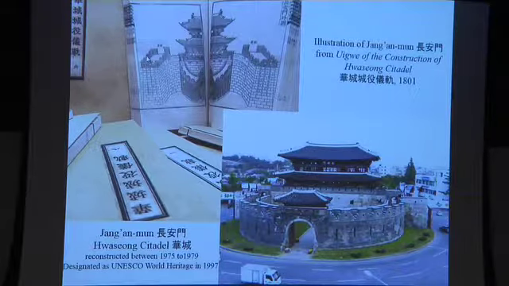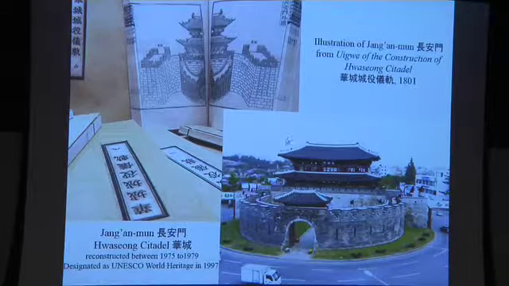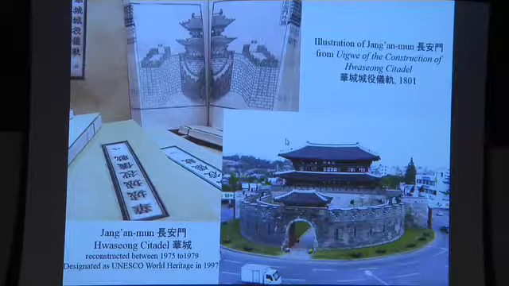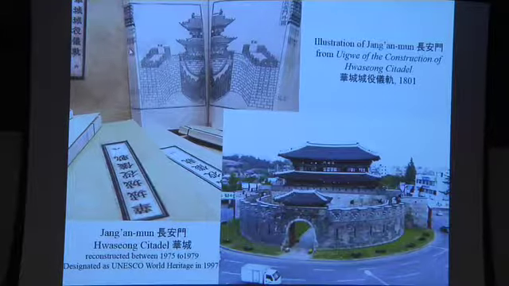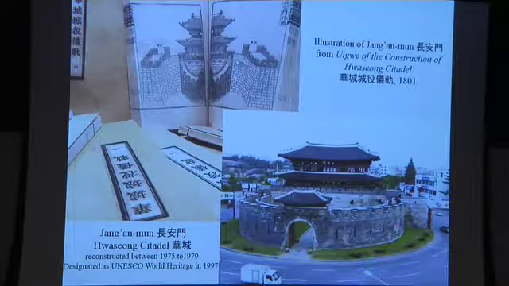And when the UNESCO people came to evaluate the Hwaseong citadel, they were surprised by the beauty of this citadel, but they were more surprised by the fact that this kind of Uigwe recording all aspects of the citadel construction was kept.